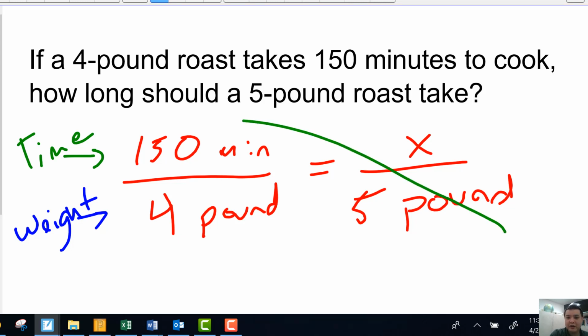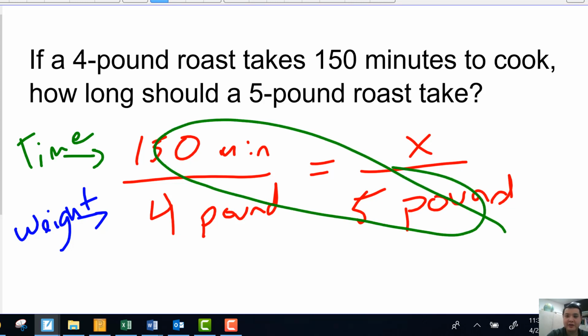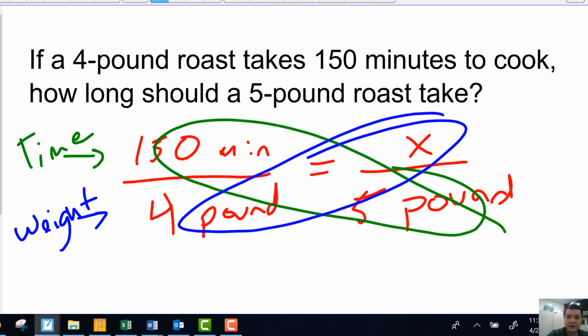Again, solving by finding the cross products. We have 4x equals 150 times 5, which is 750.